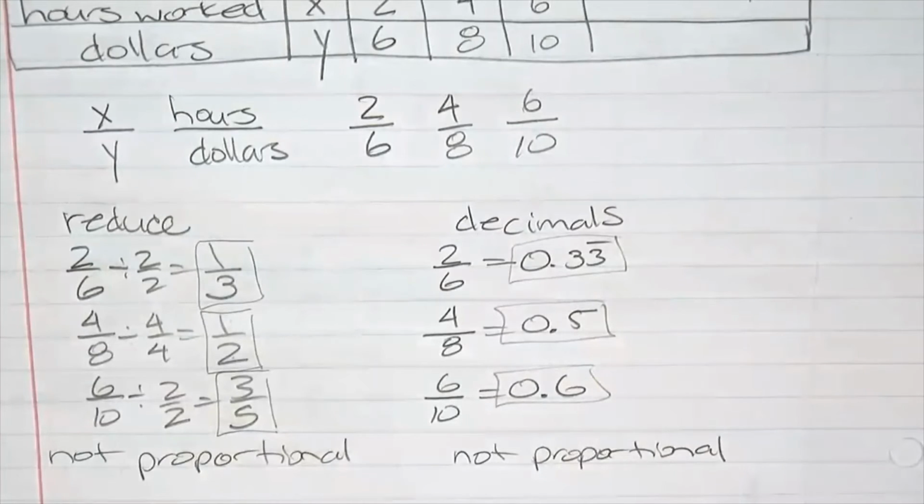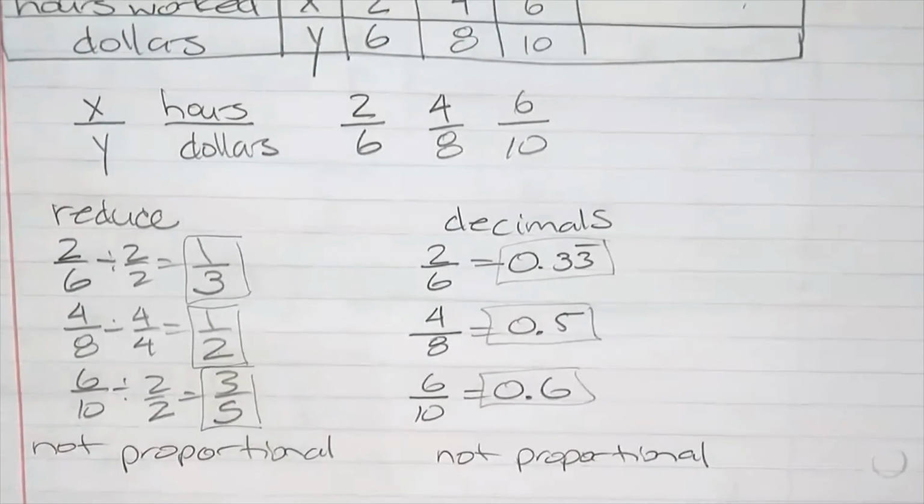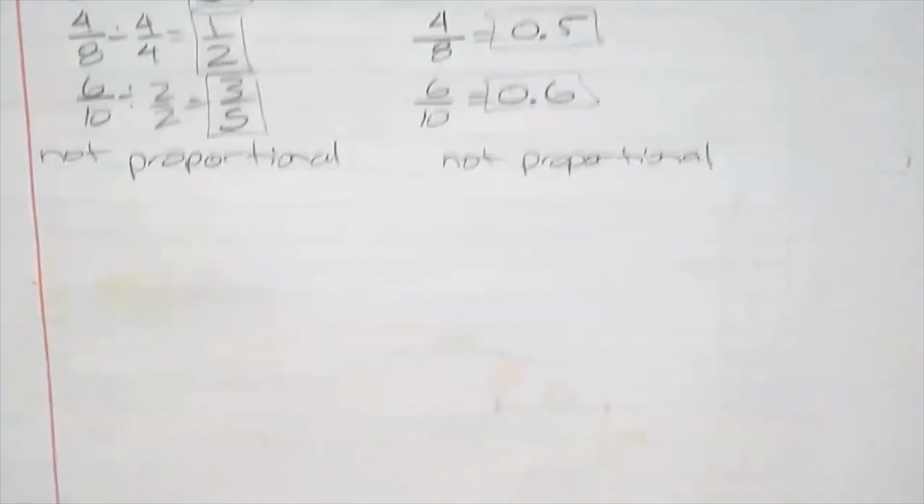But what does that look like in graphing? Okay, what does a non-proportional graph look like? So let's do it.